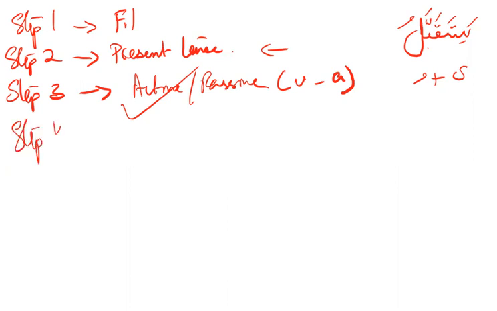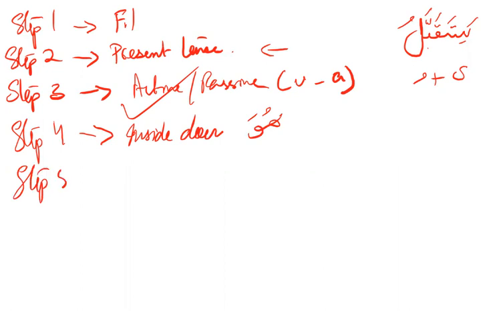Step 4, inside doer: Huwa. Step 5, big or small family? Big family, because we do this, tafakkara, then we are still with the big families. And what family is this from the big families?